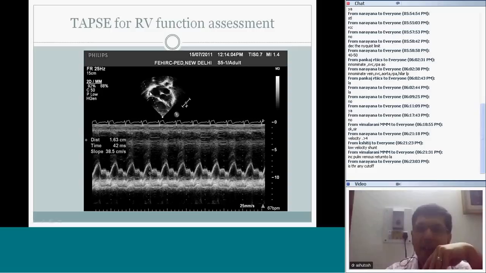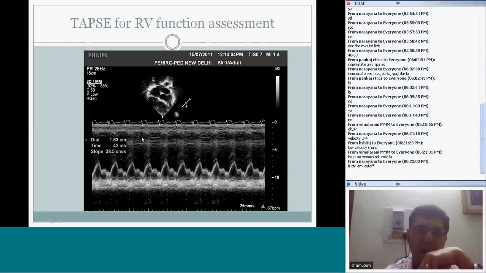We also use TAPSE for RV function assessment, which is the M-mode, taking the tricuspid valve annulus, the anterior wall of the tricuspid RV annulus there, and whatever measurement you get, that's the maximum excursion, you multiply that by 3, which will give you roughly the ventricular function.